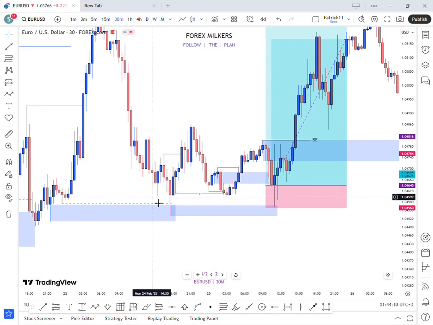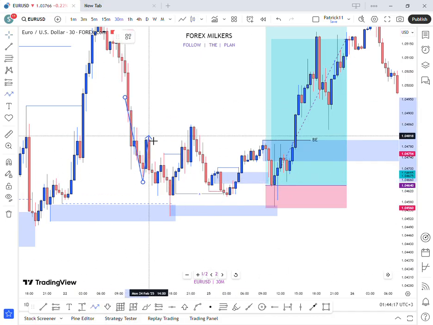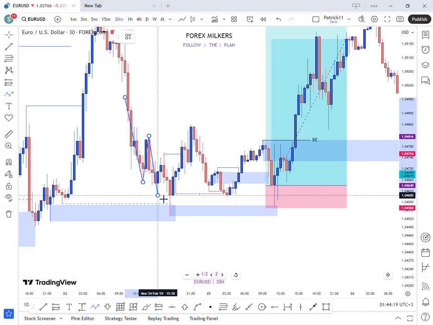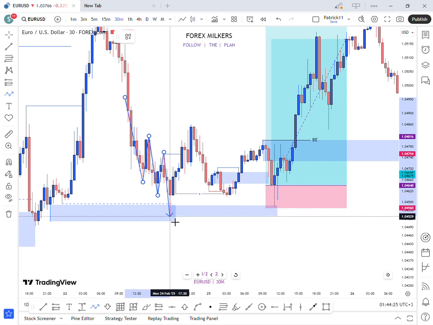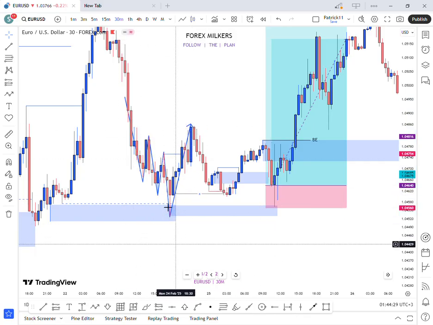When it comes to this, price was moving like this, got another push up, another drop, another push up, then price took out liquidity from the previous low and broke structure to the upside, indicating that this is our strong low.